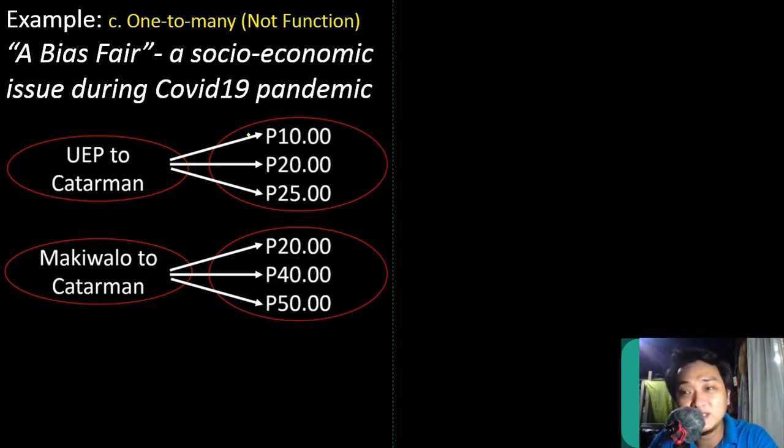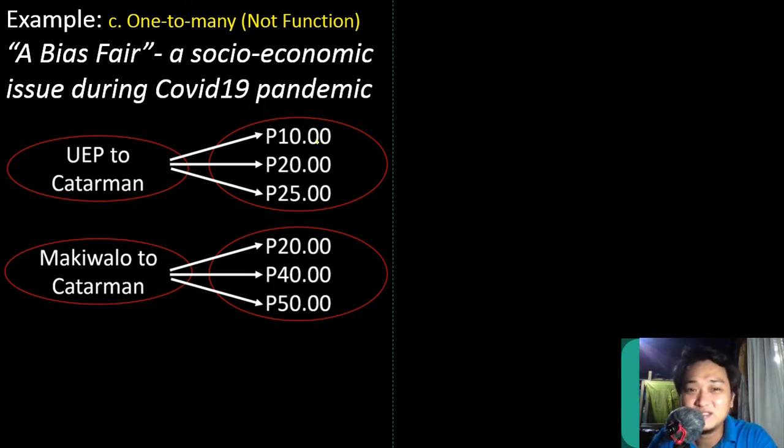Kasi dapat naman talaga, if you're riding a public utility vehicle, dapat isa lang yung pamasahe kung saan ka galing, tapos kung saan yung destination mo, dapat isa lang yung uniform yung pamasahe niya. Whereas nung nagkaroon ng pandemya katulad ngayon, yun na nga, may mga tricycle drivers tayo na naniningil ng is either sakto or sobra dun sa karampatang pamasahe.